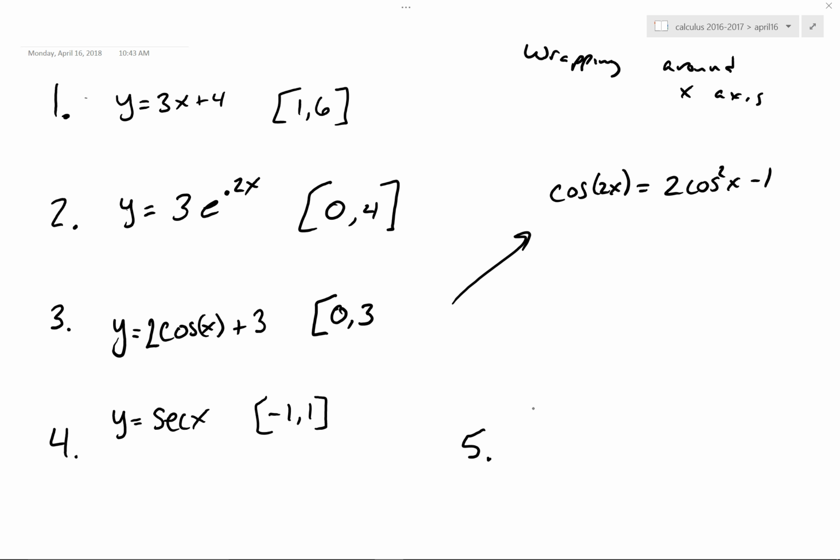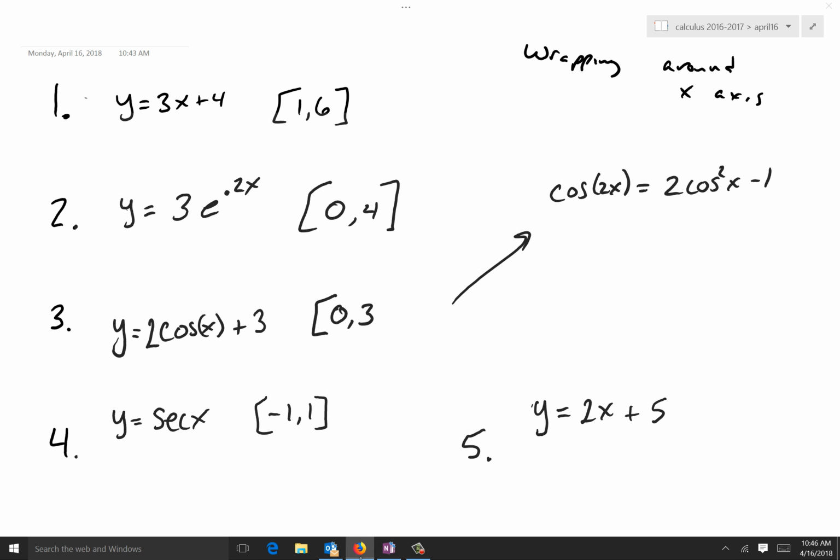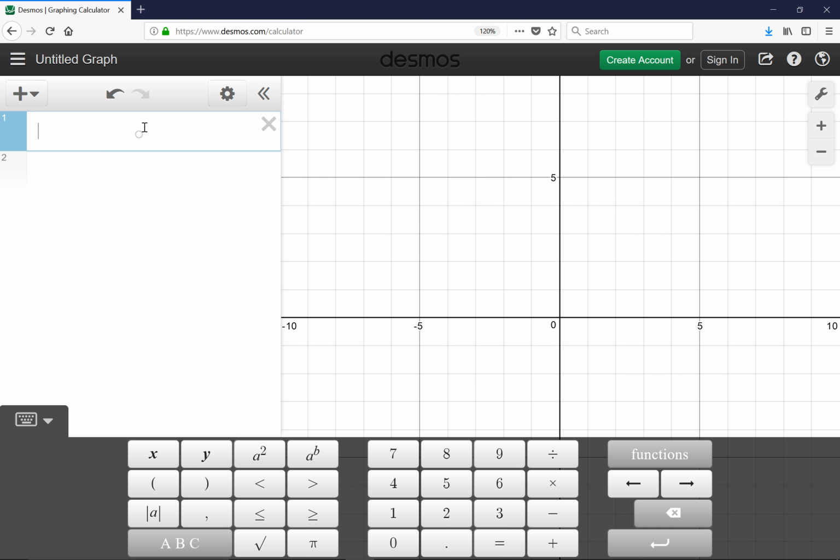And then this one here, I want to find the volume between y equals, oh, let's do a nice easy one. Y equals 2x plus 5. And, I don't know, let me look at that. I can't see one. Let's make one up on the graph over here. It's easier that way. So I'll use 2x plus 5. 2x plus 3. No, that's boring.